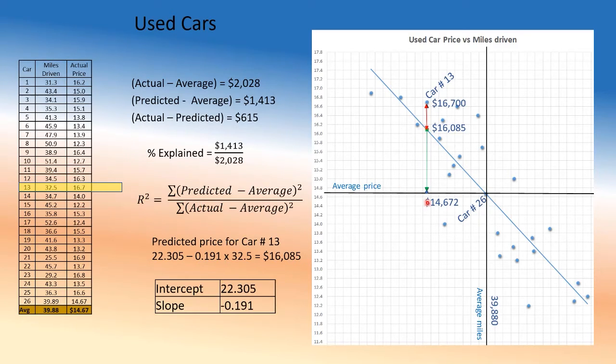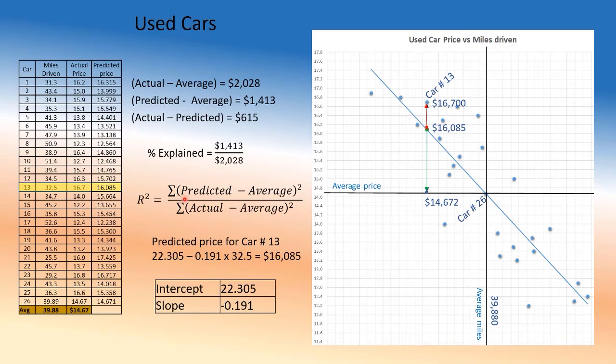Predicted minus average is what we could explain, and the total is actual minus average. So we took the difference between these for each of these numbers, squared it, added them up. Then took the difference from this to this for each of these cars and added them up. And when we divide, we get R squared.